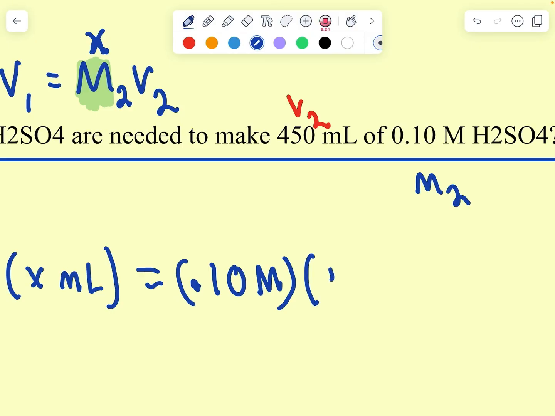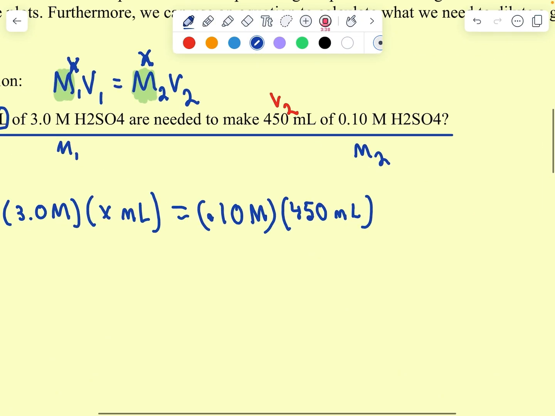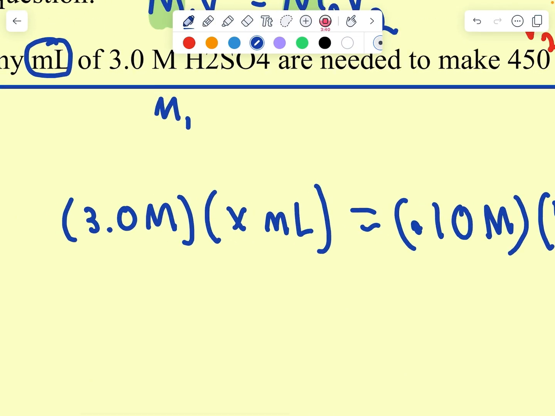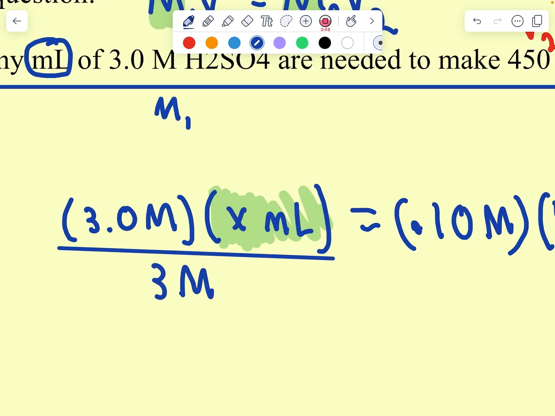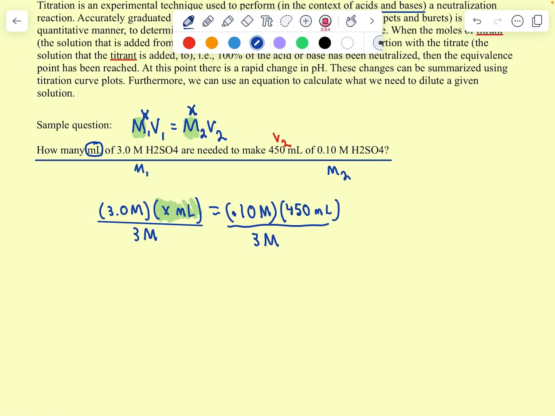So to get this X milliliters by itself, we can divide this whole side by 3 molar and divide this whole side by 3 molar. And so we put that on our calculator. We get 0.1 times 450 milliliters, which is 45.